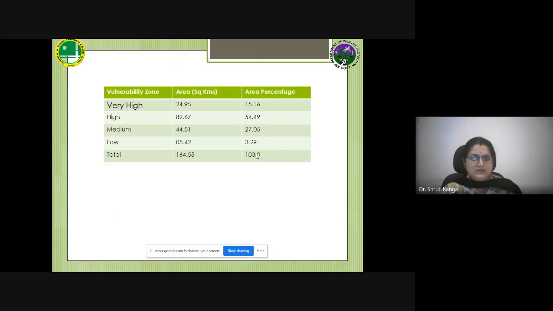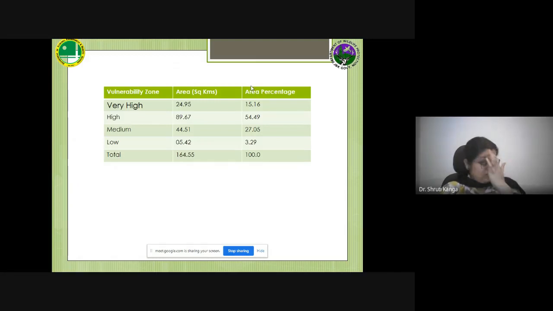These are the areal statistics. The total area of Dachigam National Park is 164 square kilometers, and around 70% of the total area is under very high to high risk, and the rest is medium to low.